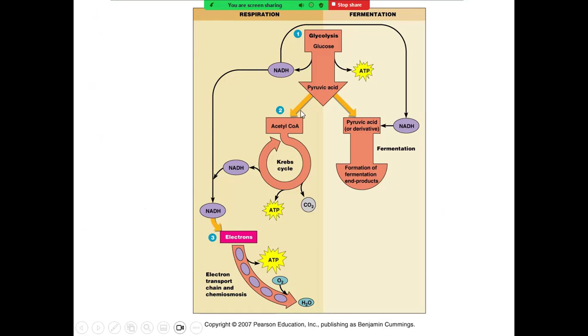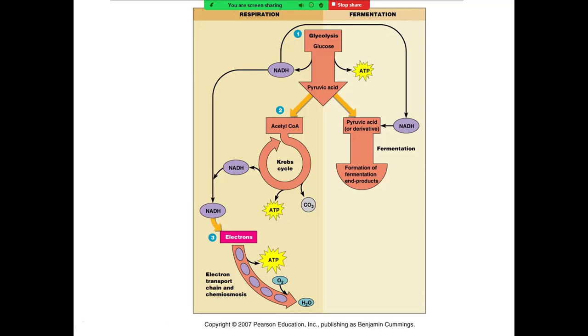Then we go to the preparatory step and the Krebs cycle, making some ATP and a lot of NADH, as well as FADH2, which isn't shown here. And then NADH from both glycolysis and the Krebs cycle, and FADH2, carry the electrons that originally came from glucose to the electron transport chain.